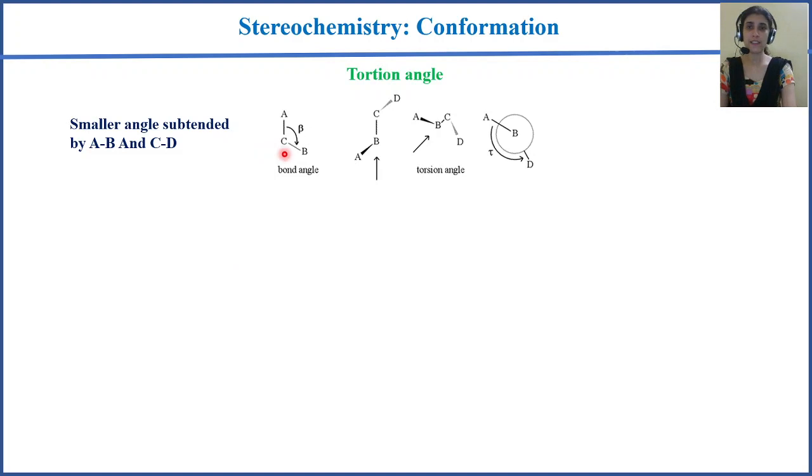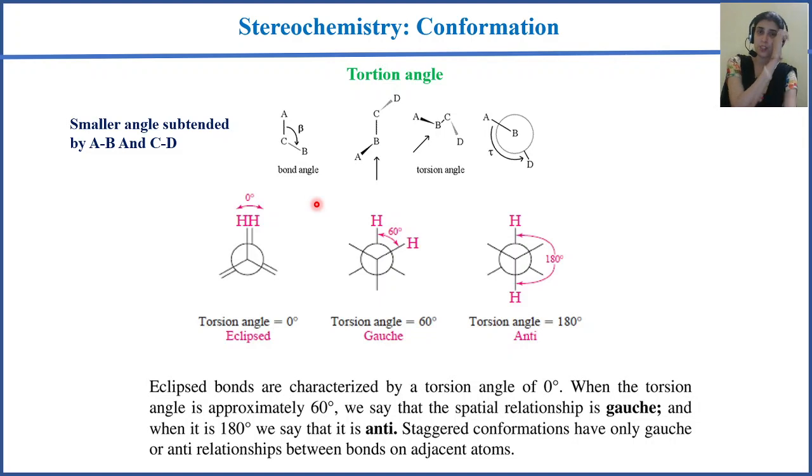You see this one, this is the CA bond, this is the CB bond, this is a bond angle beta, and again if you draw this one like this, like you are seeing from this side, this is the direction you are seeing this one, and you can tell that the angle between the AB plane and the CD plane is the torsional angle.